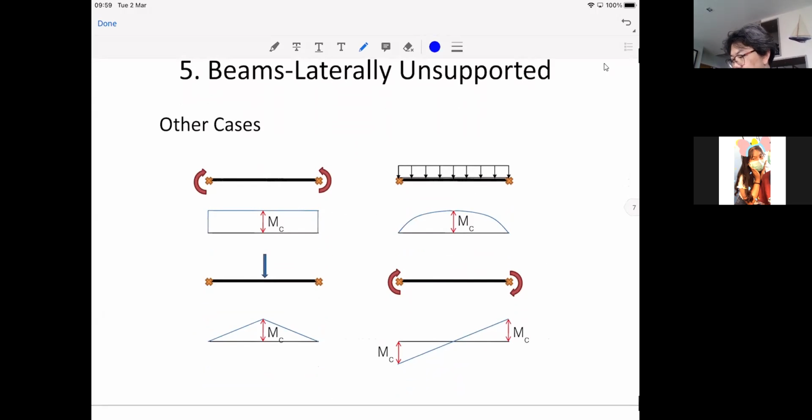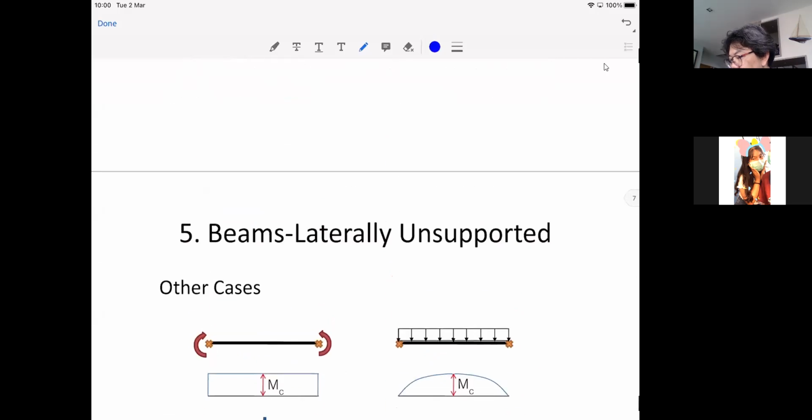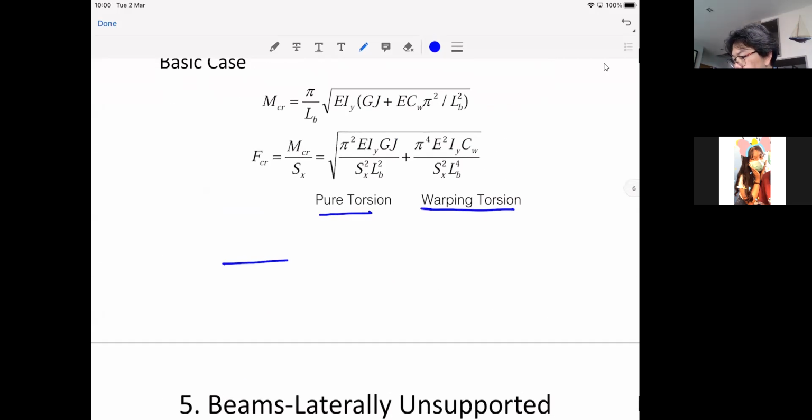The formula for that is generally developed by the idea that our beam is under pure bending moment. This idea has been based on the fact that your beam is under pure moment. But in the real world, there are only one or two cases where you can have pure bending, or constant bending moment. Pure bending means constant bending moment, and your bending moment diagram as a result is constant like this.